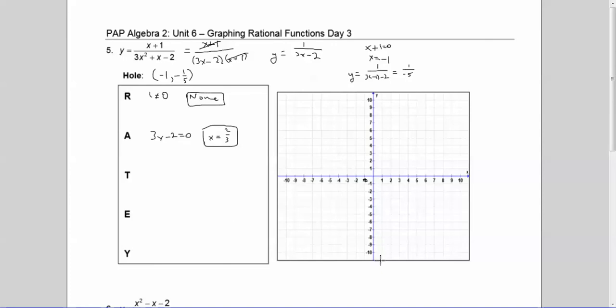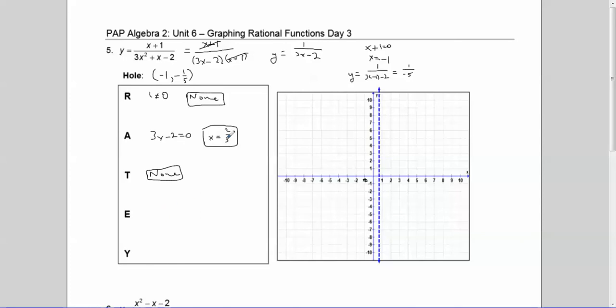So right about here. We do not have any multiplicities of 2 in the numerator or denominator. So no tangency, and our graph does not come together.